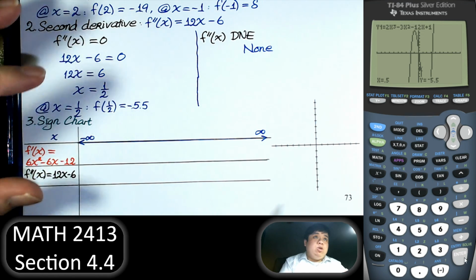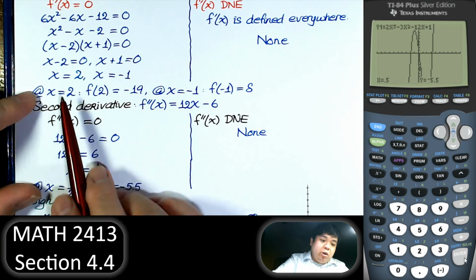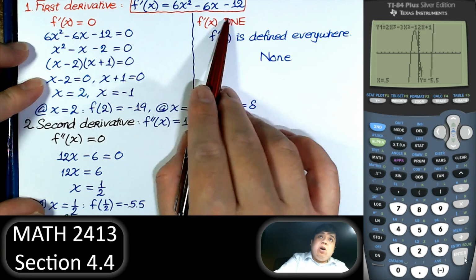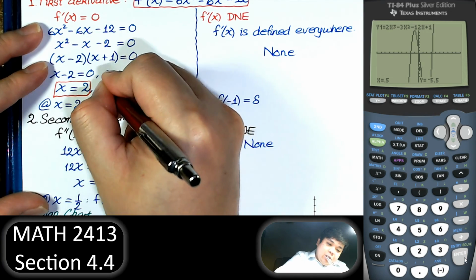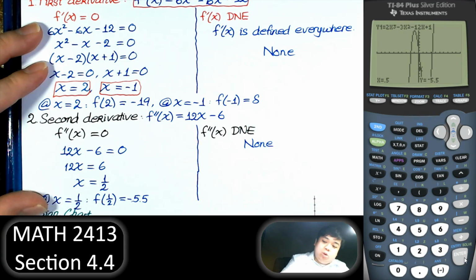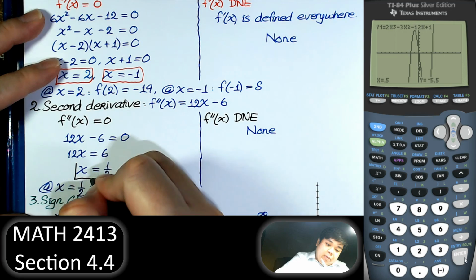Right, now remember we put both of them together. Now let's look at the first derivative. First derivative equal to 0 or does not exist: we have x equal to 2 and x equal to negative 1. So those are the 2 points we have. And for the second derivative equal to 0 or does not exist, we have 1/2.